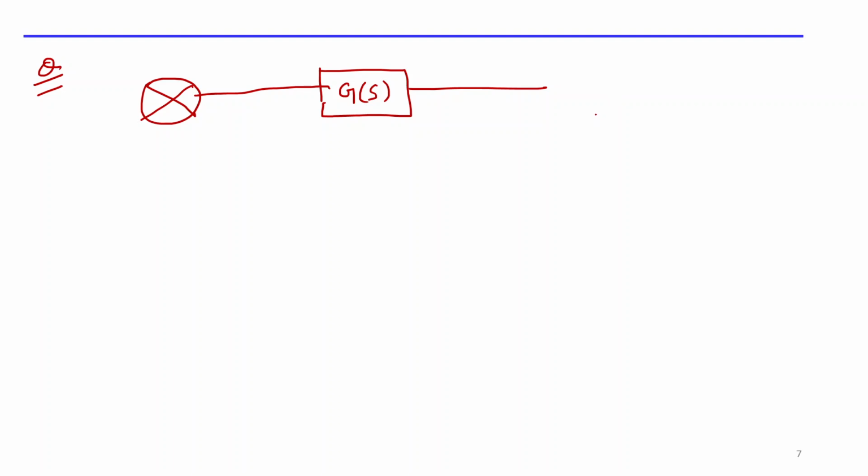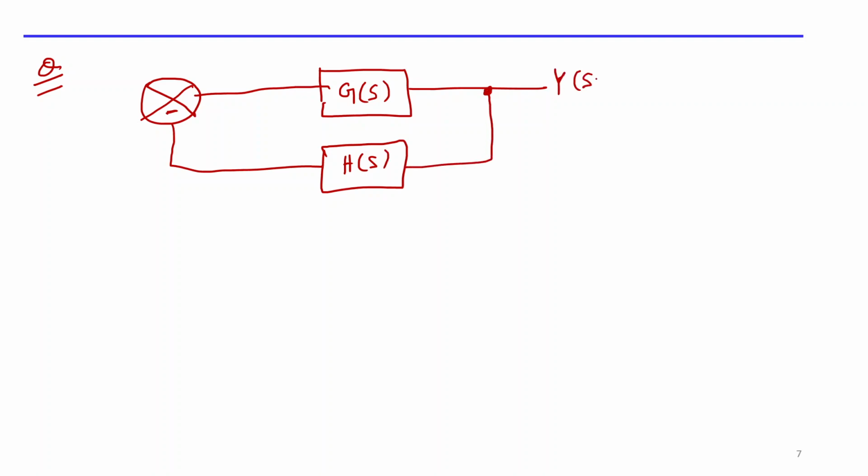That's why in control systems you will see that negative feedback systems are most common. So I'm putting a negative feedback here, giving a feedback path gain H of s, and taking the feedback from the output Y of s. Here I'm giving the plus input U of s.